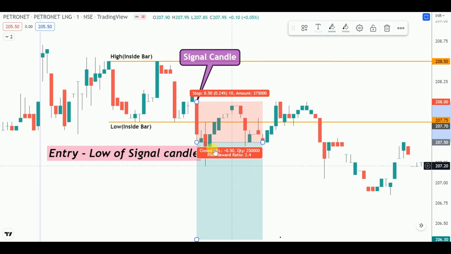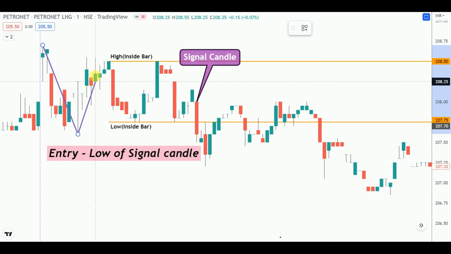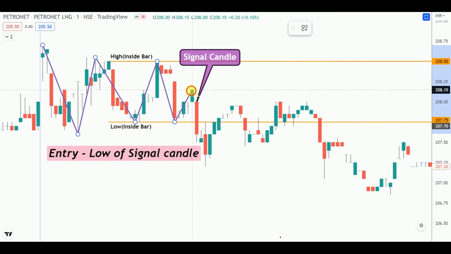The second method to put the stop loss is the swing high or swing low. For that purpose, you have to identify the previous price action. So in this case, it will be like this one. This is the swing low, this is high, low, high, low, lower high, lower low.